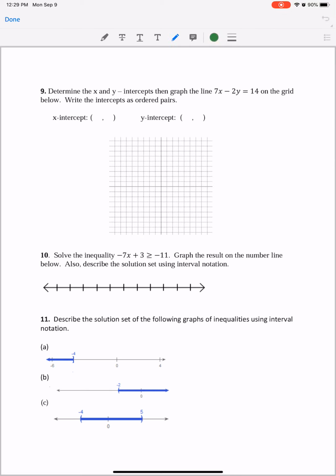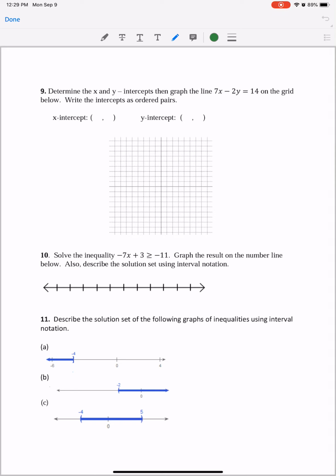Nine, determine the x and y intercepts, then graph the line 7x minus 2y equals 14 on the grid below. Write the intercepts as an ordered pair.